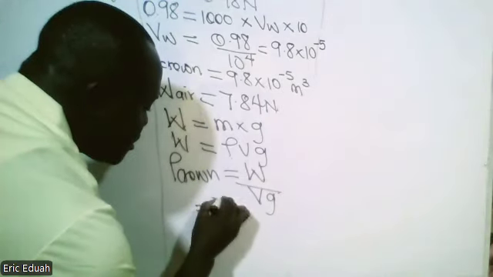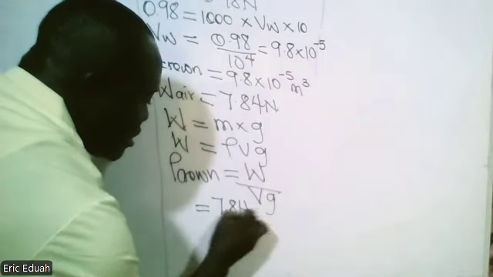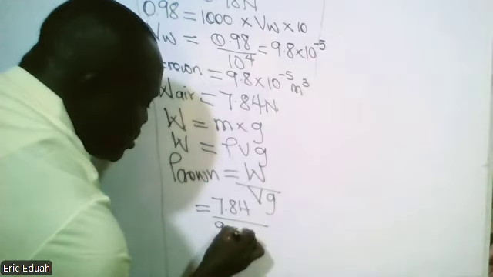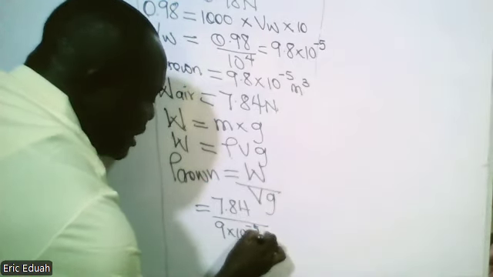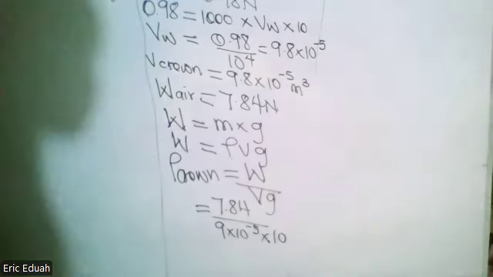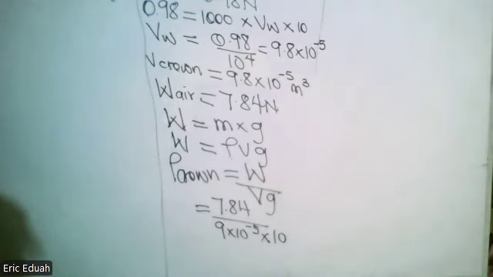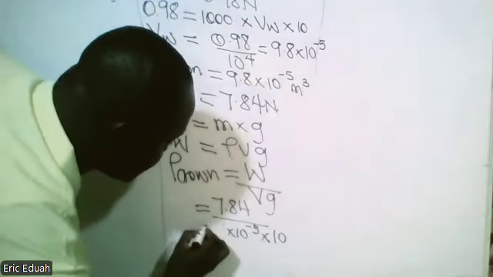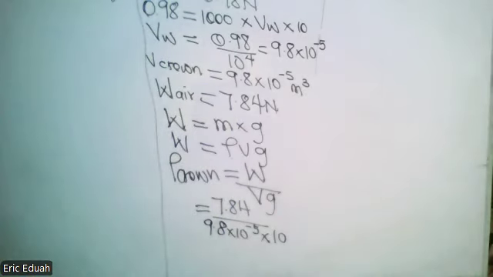Weight in air, 7.84, over the volume, which is 9.8 times 10 to the power negative 5, times gravity 10. So calculate that for me, please.